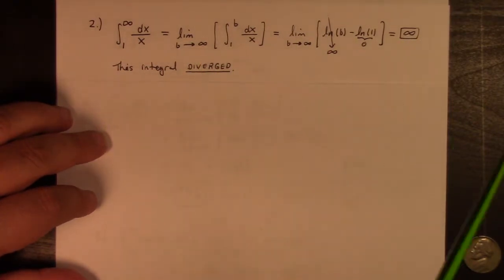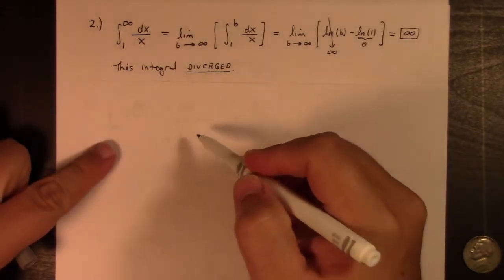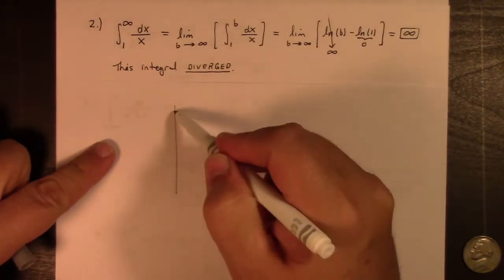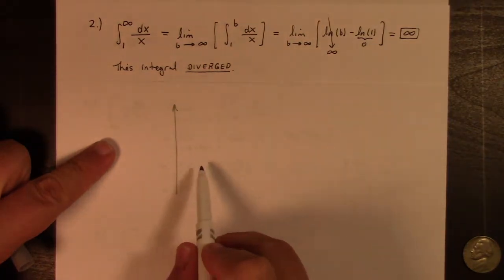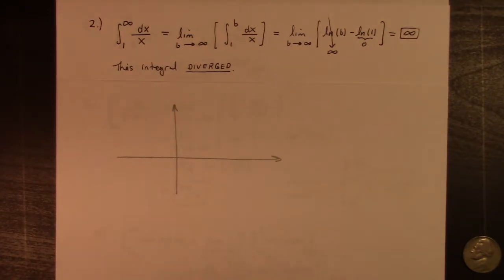And so what this says, if you allow me to draw another picture here, is that if we were to look at the graph of 1 over x, it will look very little like my exponential.